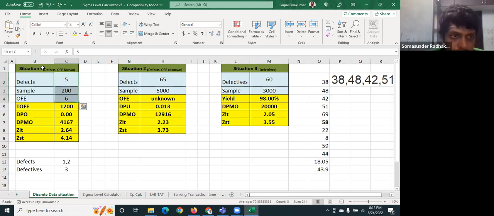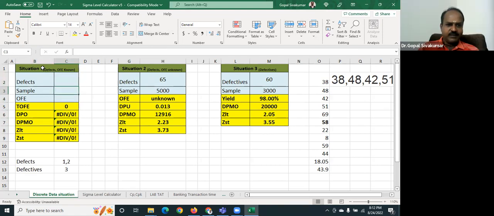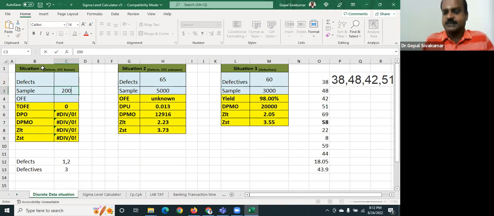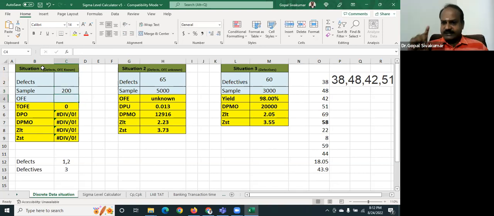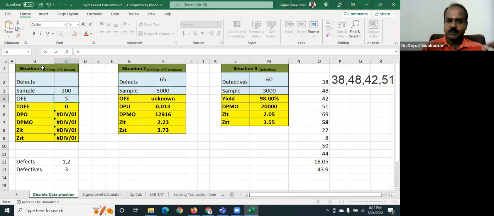Now I am inspecting 200 units, 200 samples. In every sample, there are 5 characteristics I am checking. That means the opportunity for error is known.